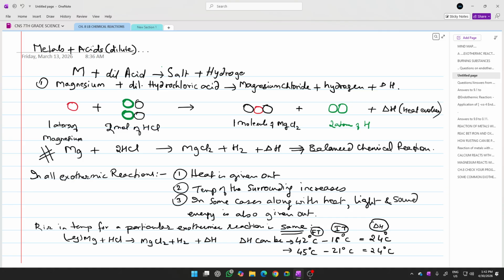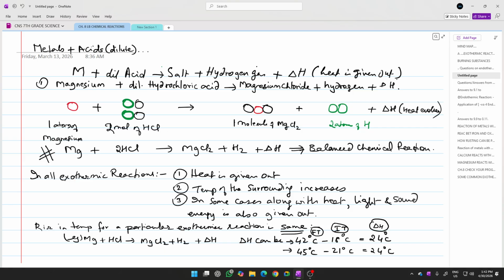These are the products of this reaction. And these reactions are all exothermic reactions, plus delta H, that is, heat is given out.